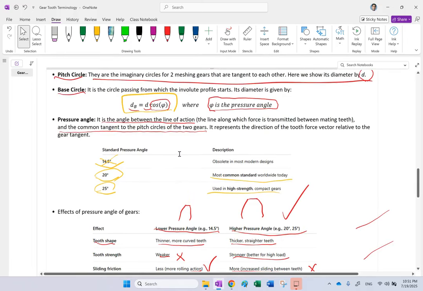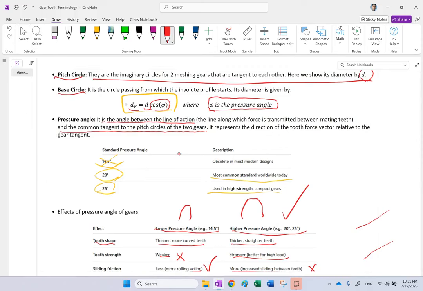Well, if you look here, when this angle becomes bigger, when phi gets bigger, cosine of phi drops. And when cosine of phi drops, for the same diameter of pitch circle, the diameter of the base circle goes down. So when phi goes up, cosine of phi goes down.